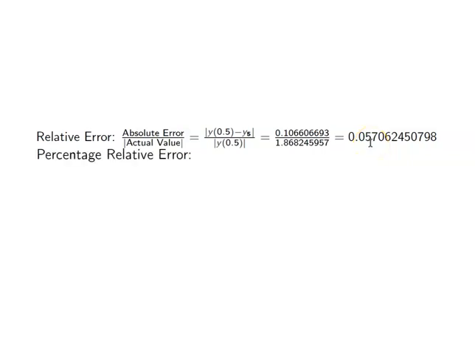So I find the difference and divide it by the actual value it's supposed to be, and that tells me what percent I'm off by. My value is about 5.7% away. I would just turn this into a percent to talk about the percent relative error. So I have about 5% error in my approximation.